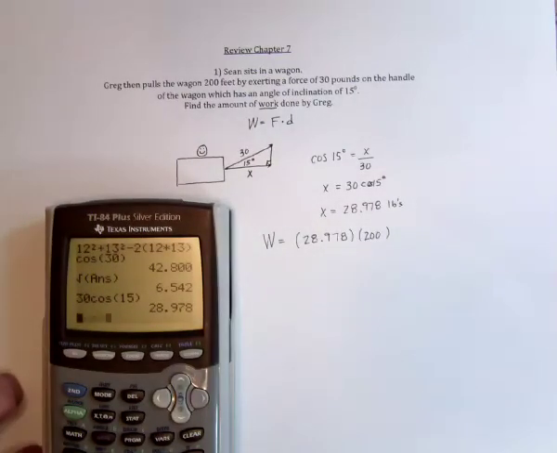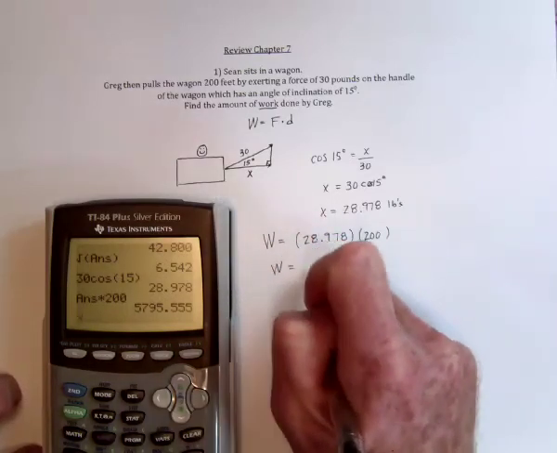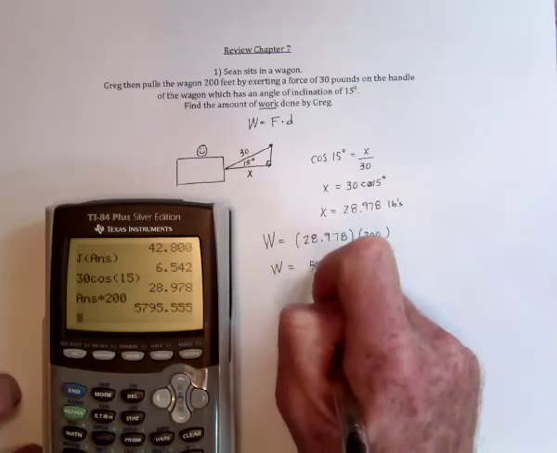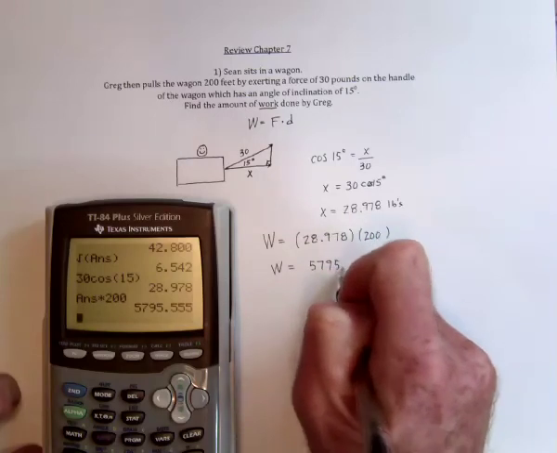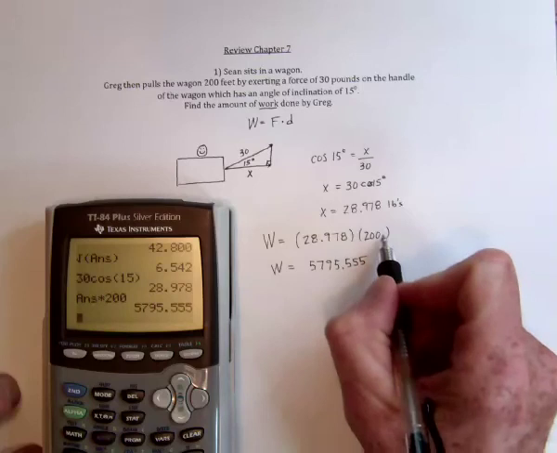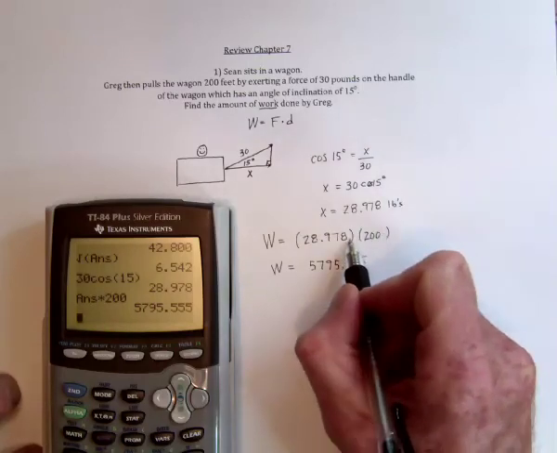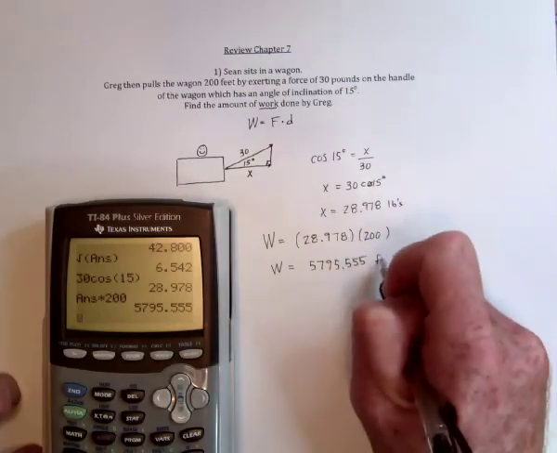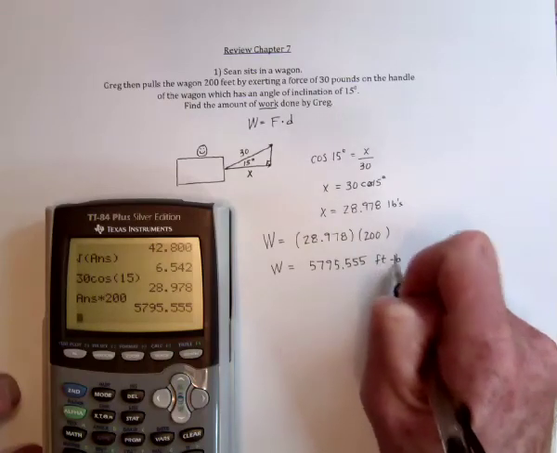So just take that last answer and multiply by 200, and so the amount of work done is 5795.555. This was in feet and this was in pounds, so that's the unit, foot-pounds.